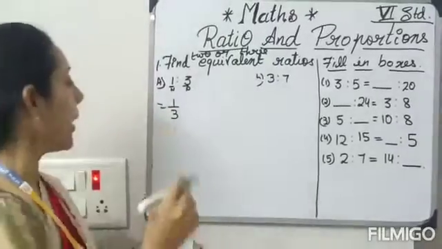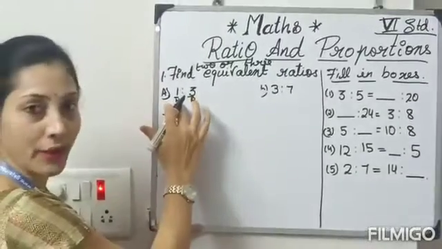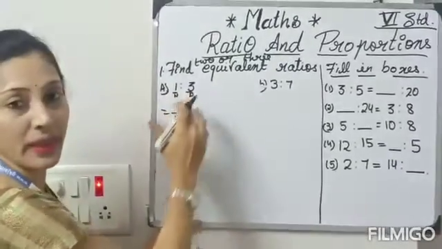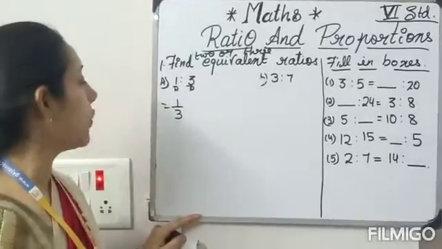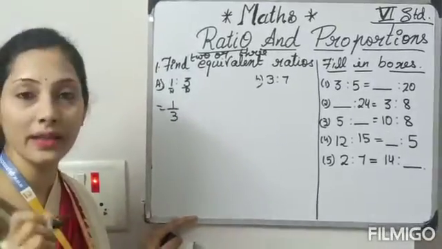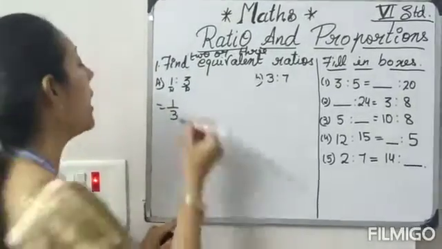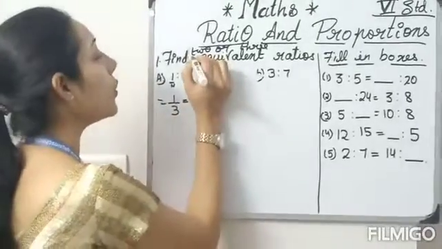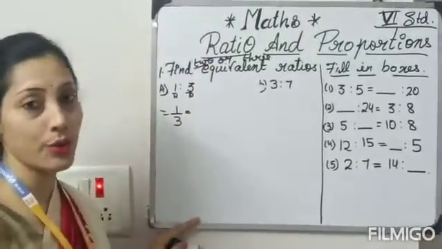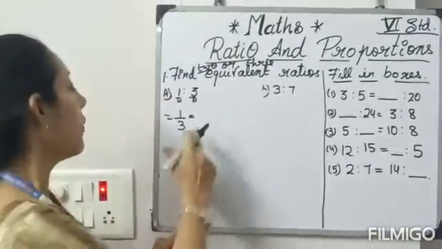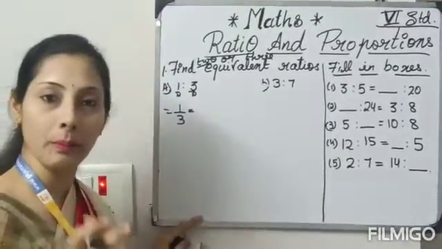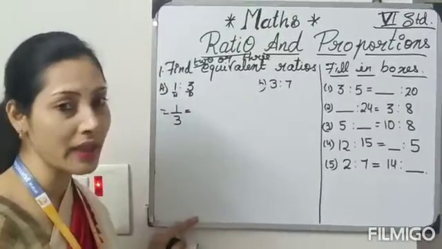1/3. This first number is our numerator. The second number is our denominator. So what is the ratio? 1/3. You have to find two equivalent ratios. Two equivalent means 1/3 into 1/1, you will get the same answer.